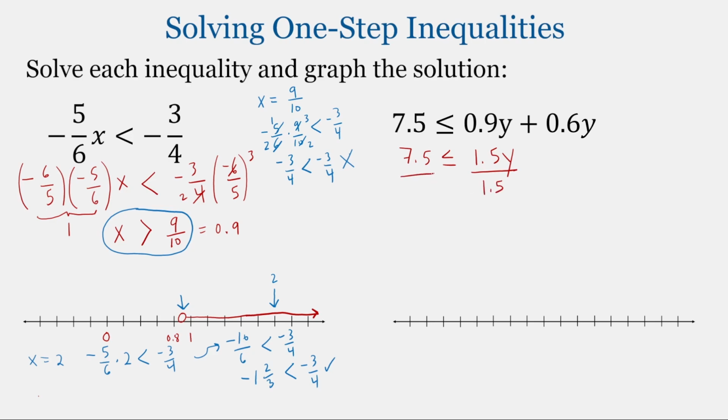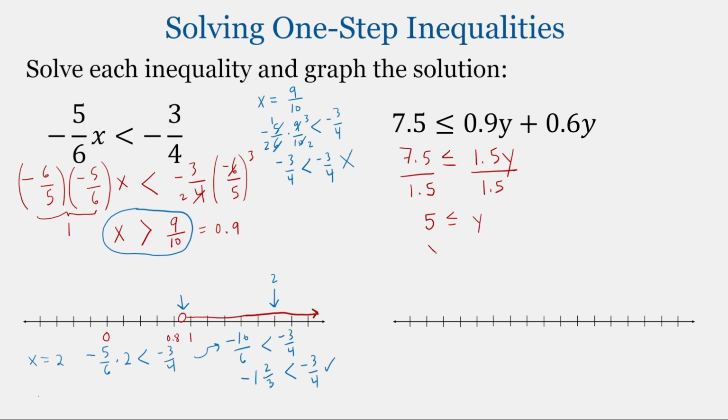We'll do that to the other side as well. And so 7.5 divided by 1.5 is going to give you the same value as 75 divided by 15. Either way, you get 5, less than or equal to y.